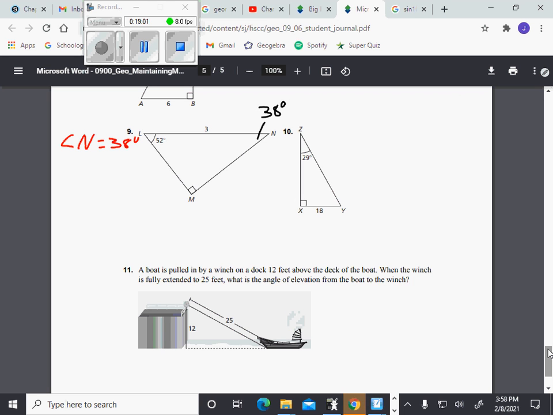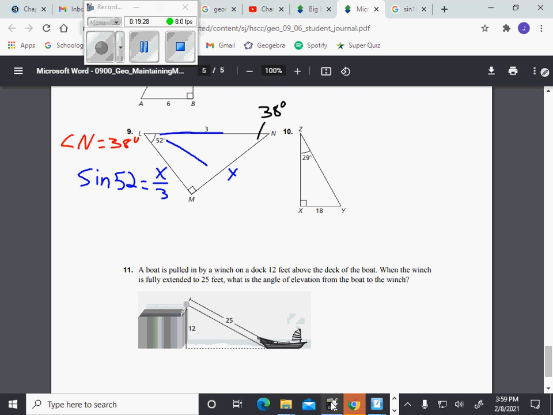And now I find my missing side lengths. From 52, I'm just going to label that x. I can say the sine of 52 is opposite, so sine of 52 is equal to x over my hypotenuse, 3. Now how do I solve for x?